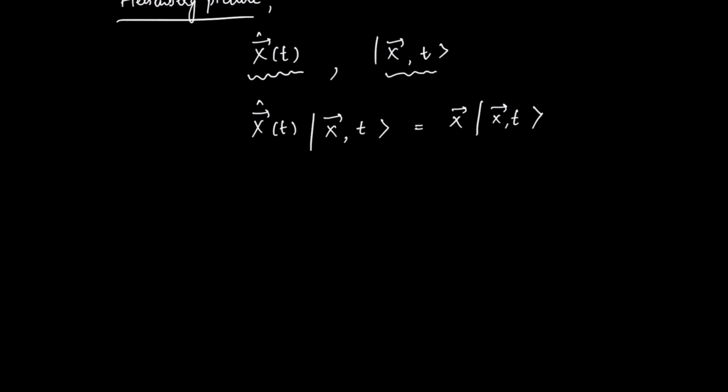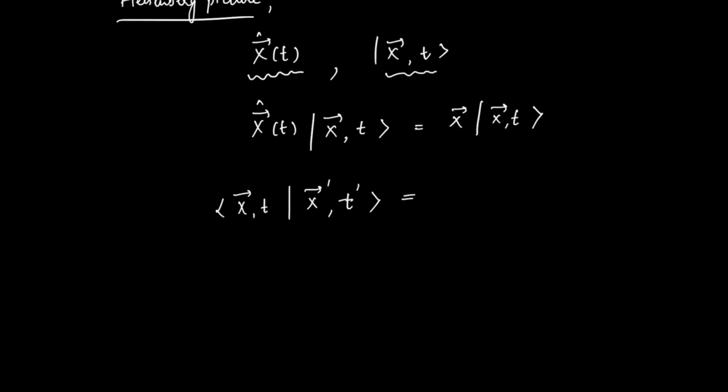Suppose you are in an eigenstate at t prime with x prime, then what is the probability amplitude for you to go to a location x at time t? I can represent this question by the overlap <x t | x prime t prime>.